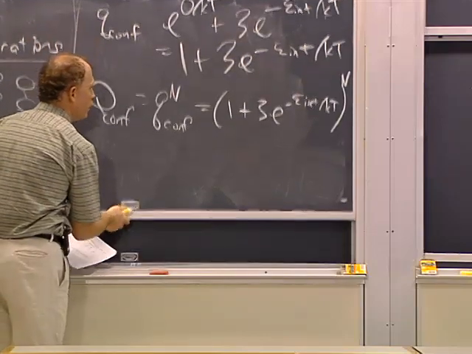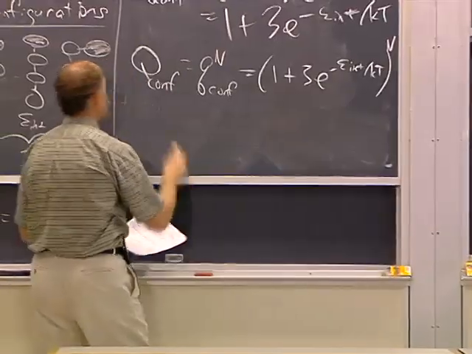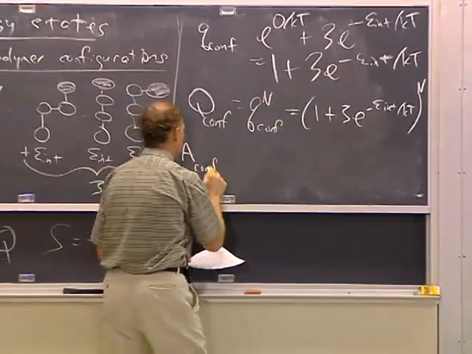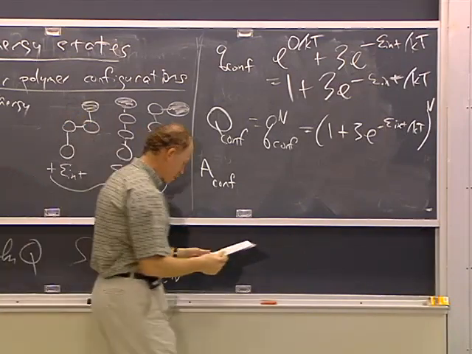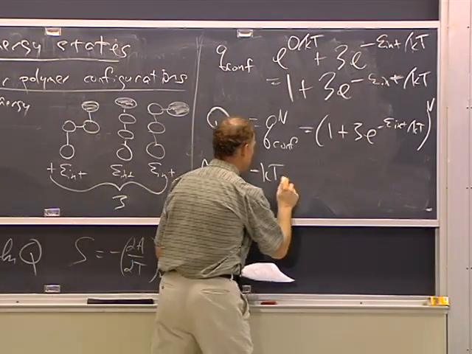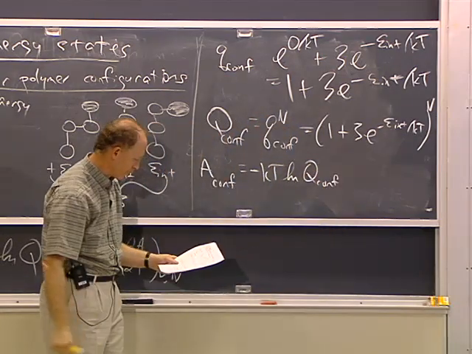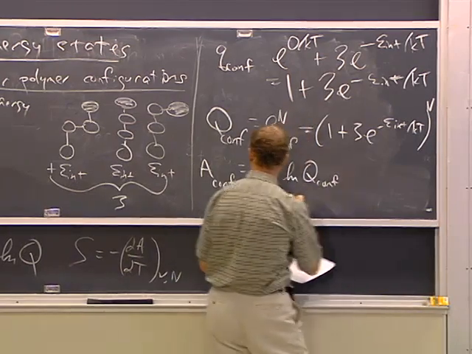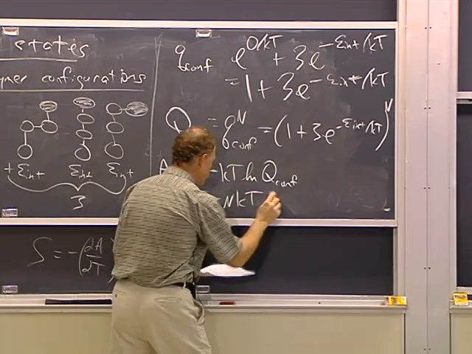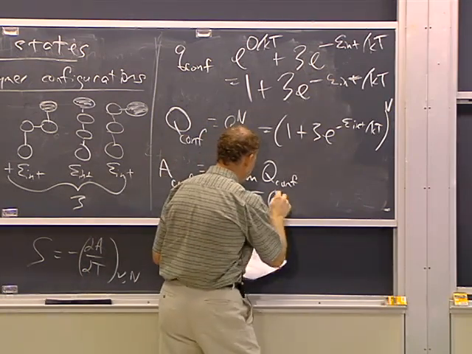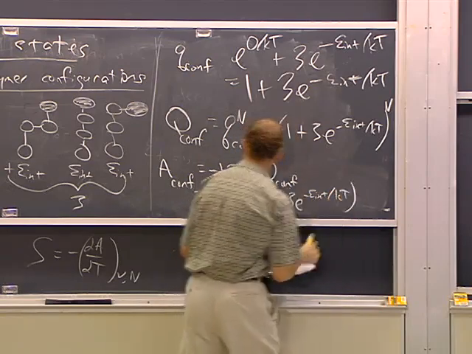And so we can immediately start deriving all of the thermodynamics, right? And the place to start is A, or Helmholtz free energy, or configurational free energy, because that's the simplest relation. It's just minus kT log of capital Q configurational, right? So it's minus N kT log of 1 plus 3 e to the minus E int over kT.